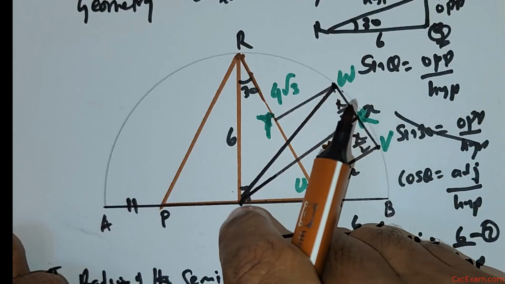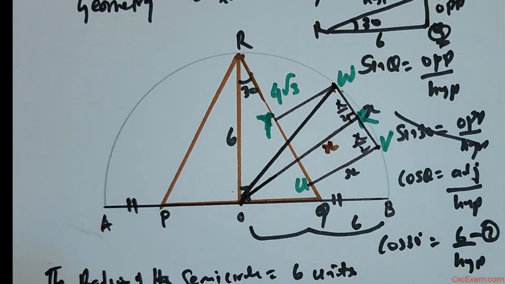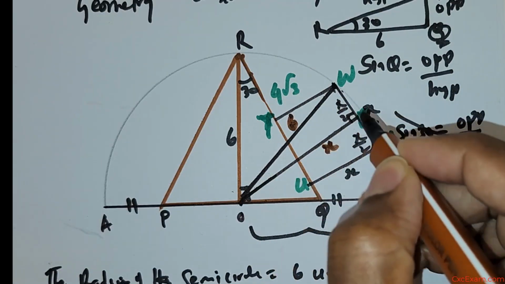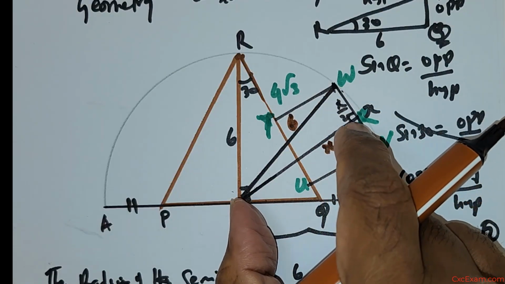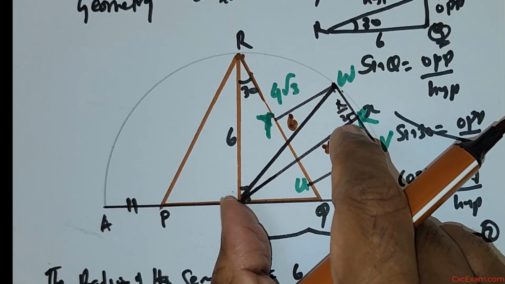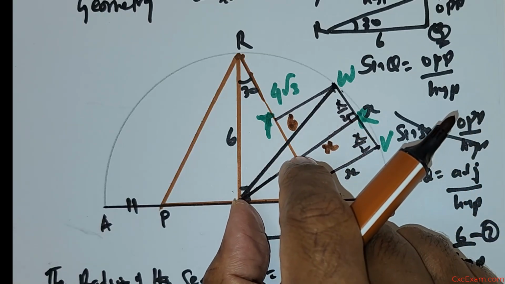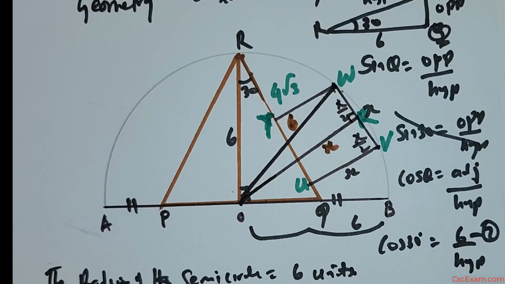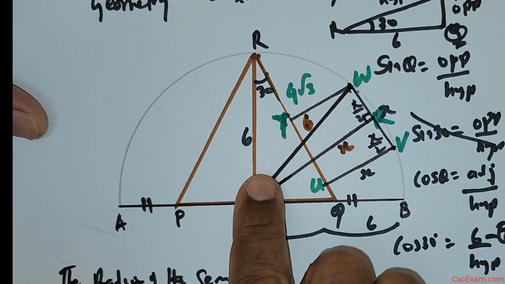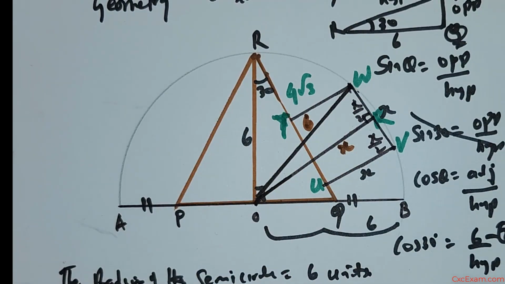So this is already known. From here to here this is 6 units. This distance is already known, but the entire distance is not known. This distance is represented as x, so we will have to know this distance. To get it, we will have to consider this entire triangle first.